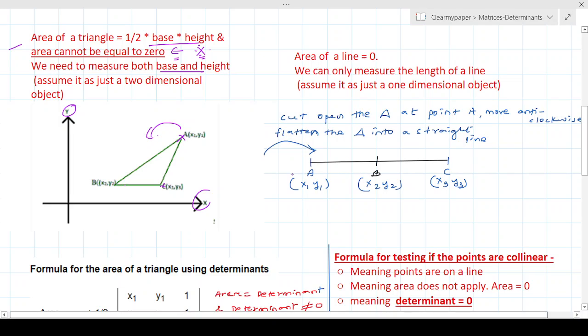Then what happens? I get a straight line because the points are not meeting. So we take the same 3 points which were connected in the shape of a triangle, cut it open, make it a straight line, and we see they are no more connected. So in essence, we have converted the shape of this geometry from a triangle to a straight line, right? That's what we have done.